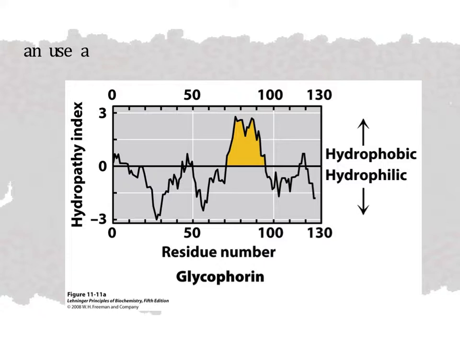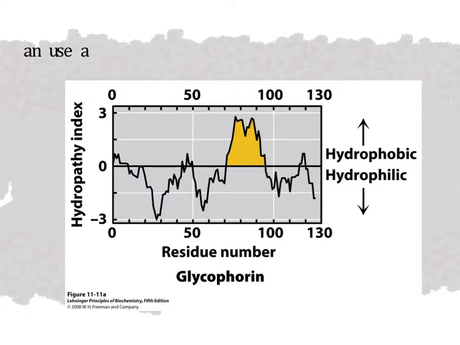What they do is take the primary amino acid sequence for a protein, and they have assigned how hydrophobic or how hydrophilic amino acids are. It's got a value, and if you have a patch that's all together, then it can alter the value. It's a type of bioinformatics tool.